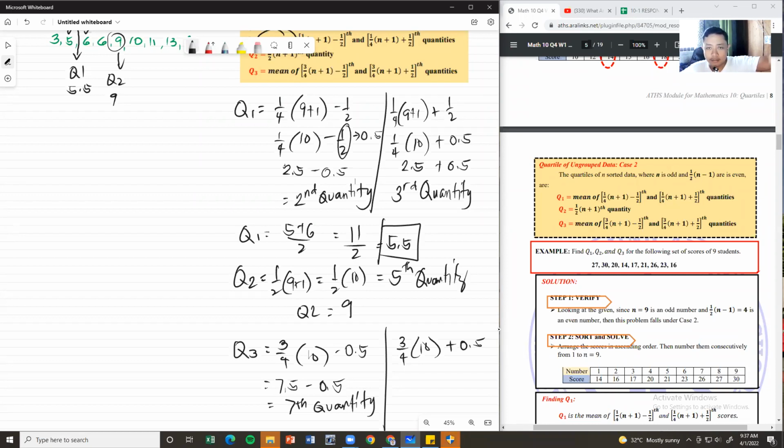And for our other quantity, that is 7.5 plus 0.5, that is actually the 8th quantity.